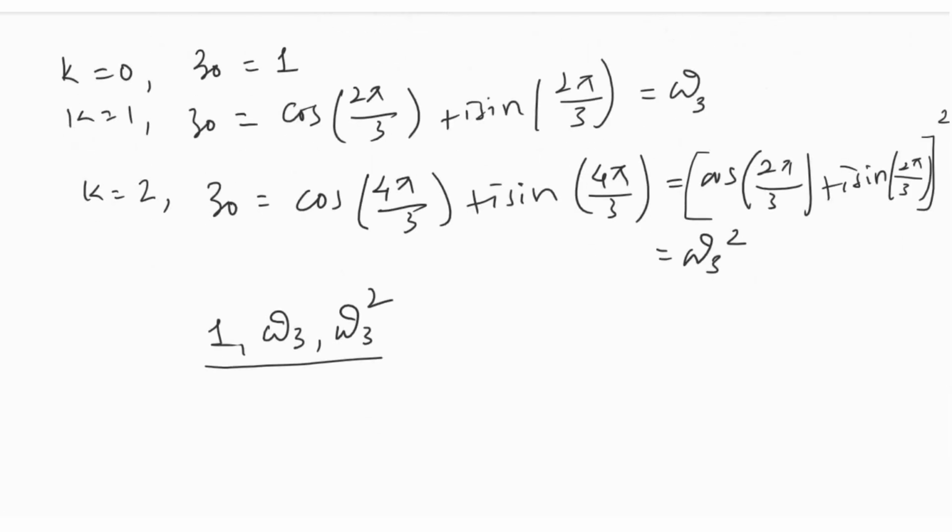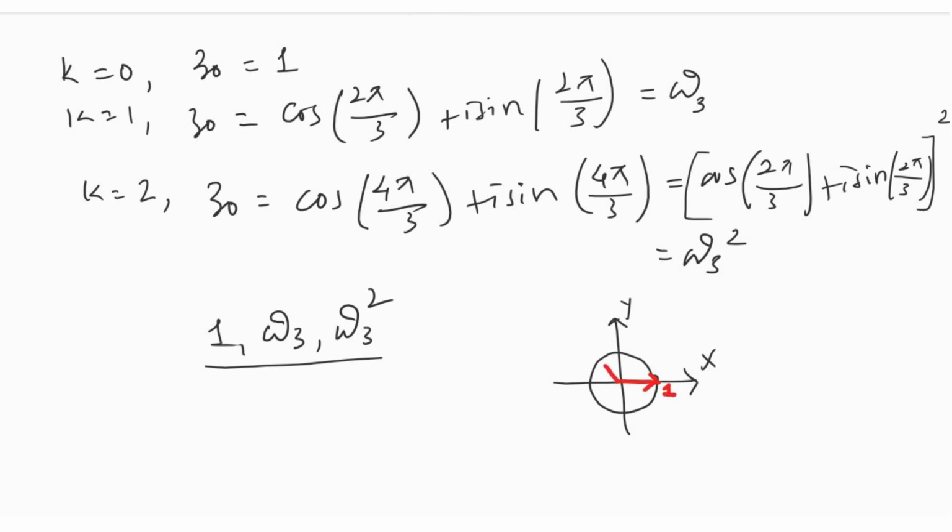Let us see geometrically how this cube root of unity are located. So if you have, this is x-axis and this will be your y-axis. The 1, you know that it is here, this is 1, and where is your omega 3?